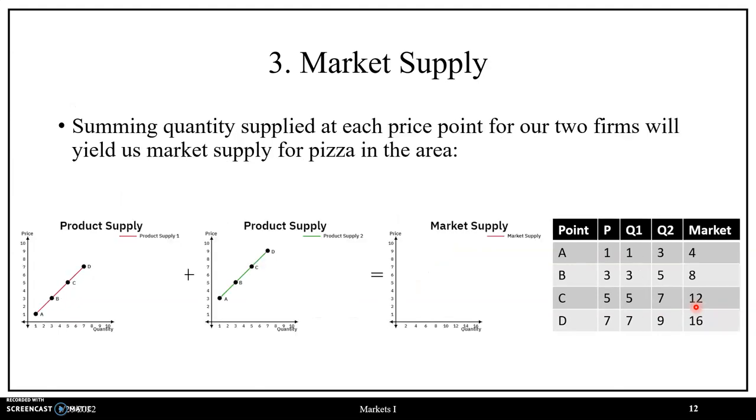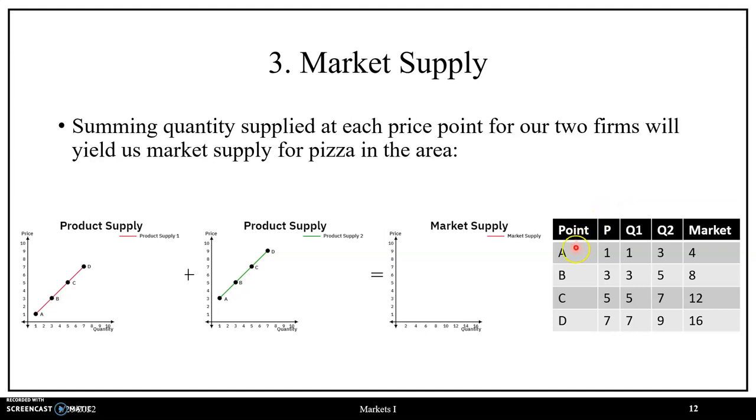Then turning back to how market supply is constructed, it is done by summing quantity supplied at each price point for our 2 firms, in this case locations of restaurants for this restaurant owner, and this will generate us market supply for pizza in the area. So for a given price point, we're going to sum quantity supplied for product supply 1 and product supply 2, and this will generate us a point on our market supply curve, where all points will be the market supply curve.